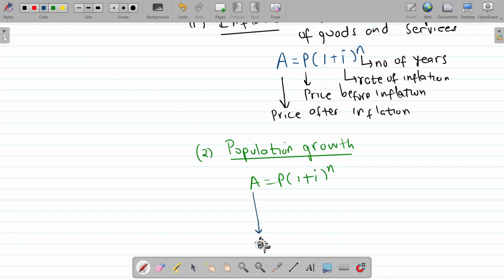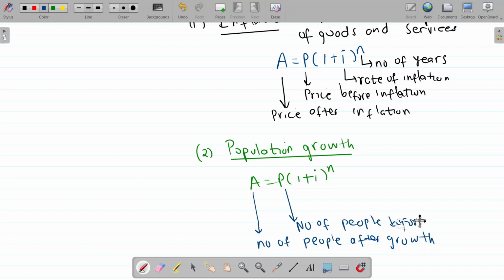A is the number of people after growth happens, and then P is the number of people before growth. While i is the rate of growth, it's always represented as a percentage. Even inflation, the rate of inflation is always represented as a percentage. While n, on the other hand, is the number of years.